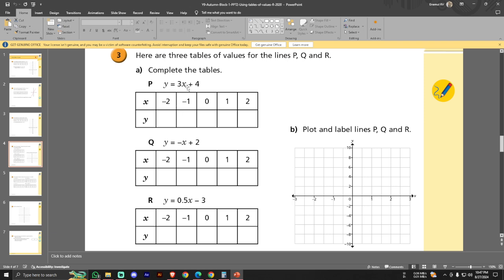Y is equal to 3x plus 4. You complete the table. There are three equations here and there are three tables here. It needs to be completed. Can you complete it?